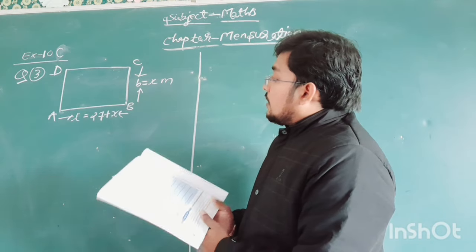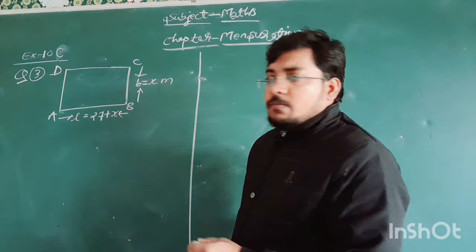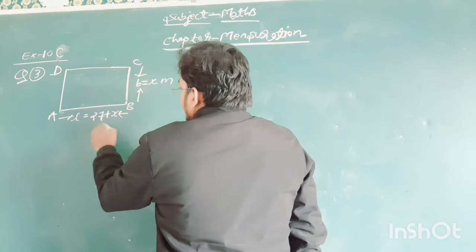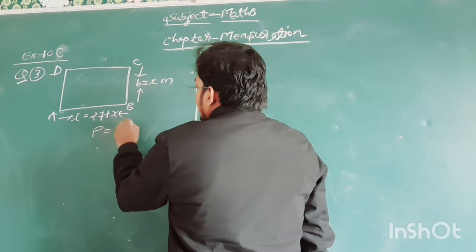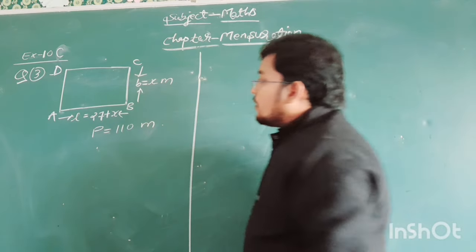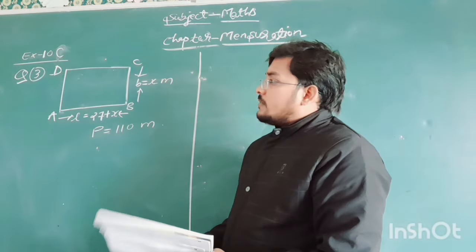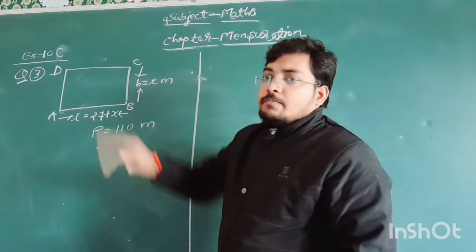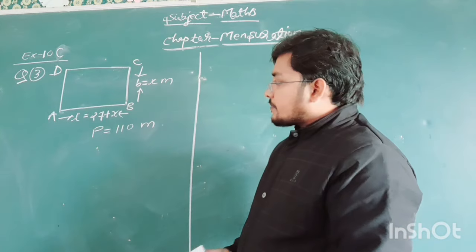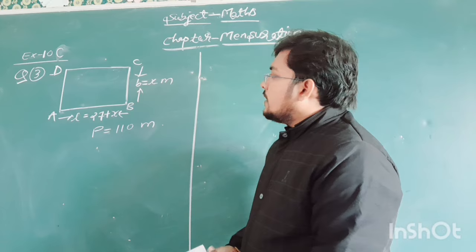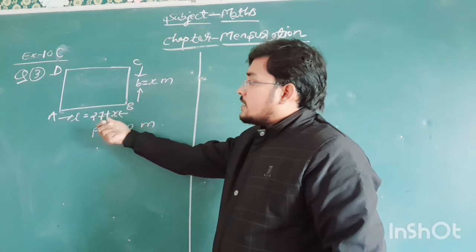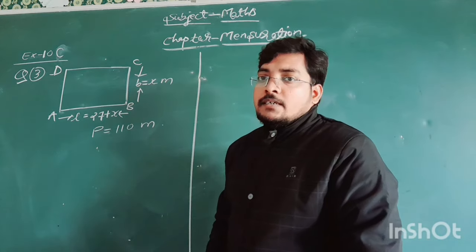In this problem the perimeter of the rectangle is also given, which is 110 meter. So we use the formula of perimeter of a rectangle and calculate the dimensions of the rectangle, which are length and breadth.